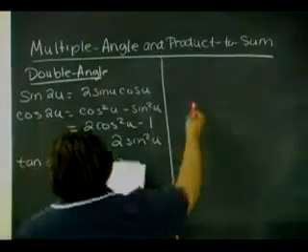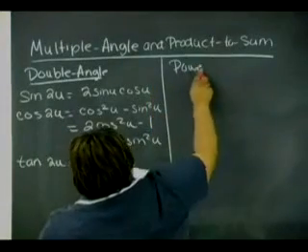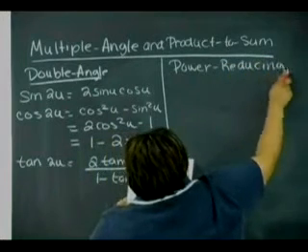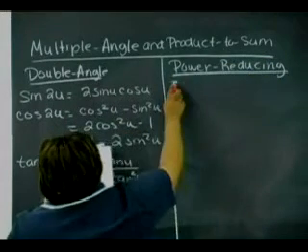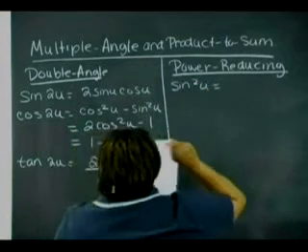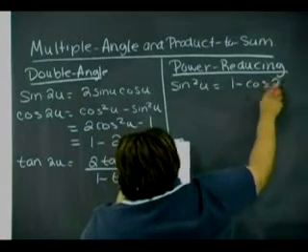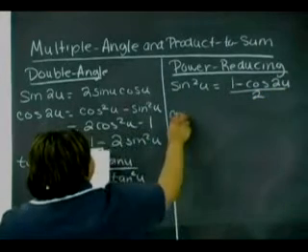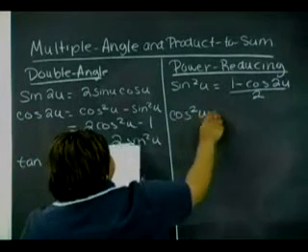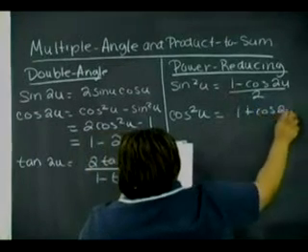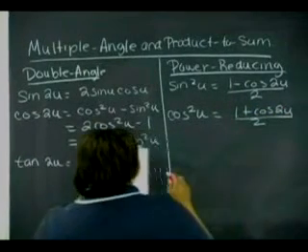We have power reducing. So we can break down a second power of sine by 1 minus cosine 2u over 2. We can break down a second power of cosine as 1 plus cosine 2u over 2.